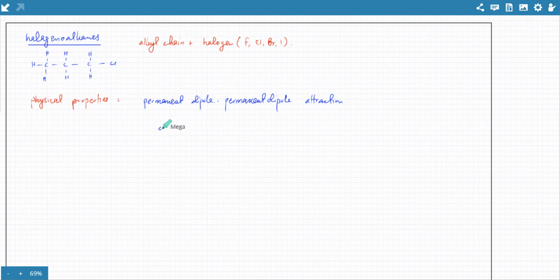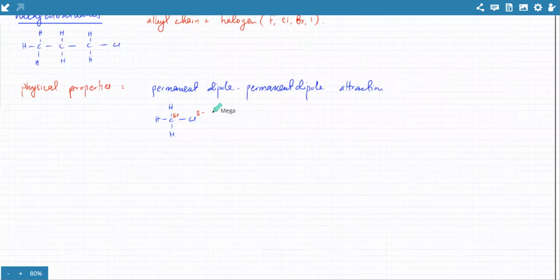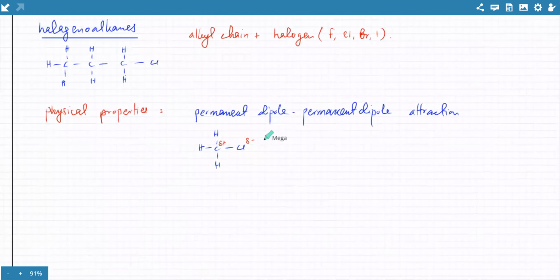So if you have a molecule of, let's say, chloromethane, which has Cl in it, the carbon that is attached to Cl is going to have a partial positive. It's going to be a polar bond, and this chlorine part is going to be partial negative.